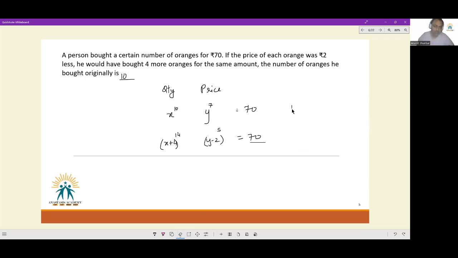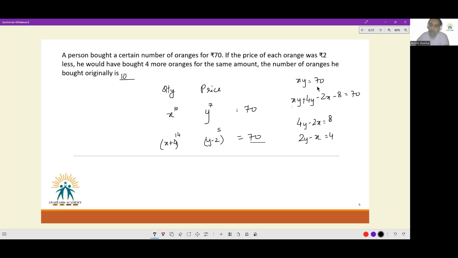But because this is with quadratic equations, this should be solving it quadratically as well. xy is equal to 70 and xy plus 4y minus 2x minus 8 is equal to 70. So we have 4y minus 2x is equal to 8, or 2y minus x is equal to 4.